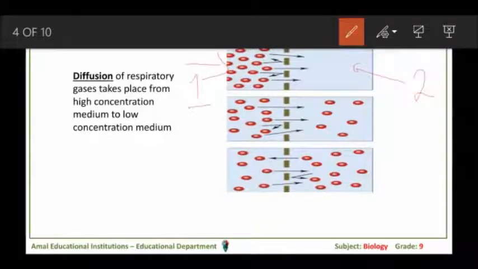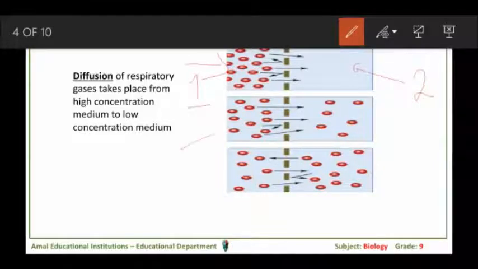Medium 1 is rich in oxygen gas, medium 2 is poor in oxygen gas. According to the concentration gradient, oxygen gas diffuses from the medium which is rich to the medium which is poor.